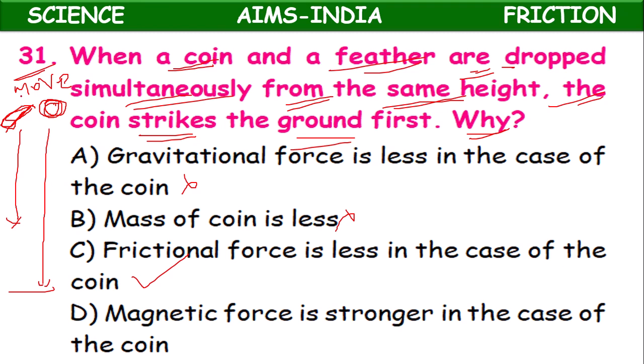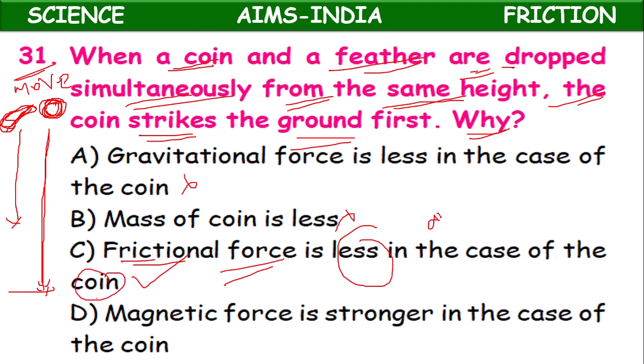Because of more area on the feather, more friction will be applied. On the coin, less friction will be applied. Because of that, it will reach the ground first. So frictional force is less in the case of the coin.